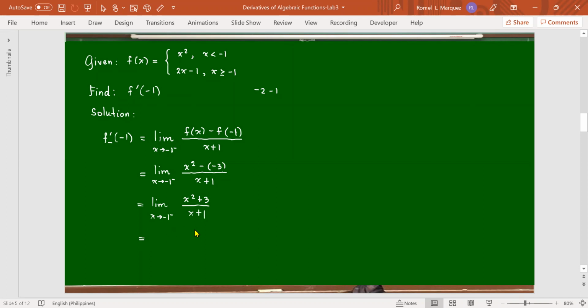So the numerator approaches what? Negative 1 quantity squared plus 3, approaching 4. That's the limit. What about the limit of the denominator? Approaching 0 through negative or positive? Through negative. So what is now the limit, positive infinity or negative infinity?